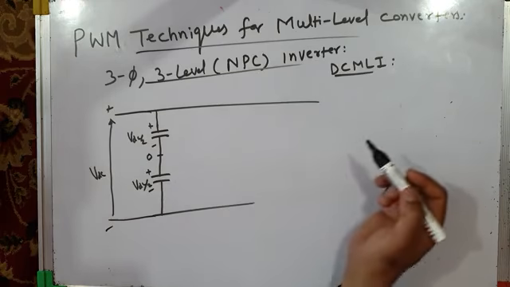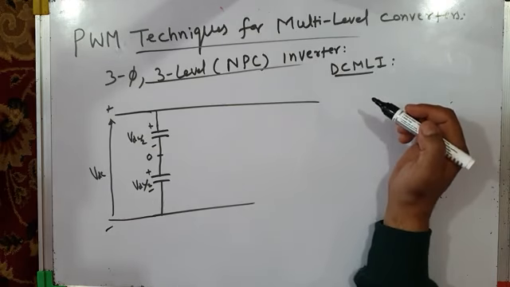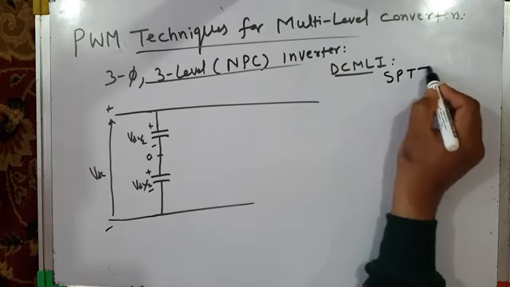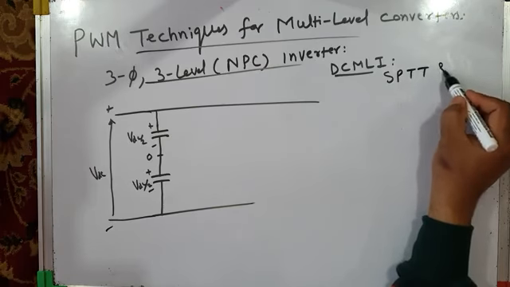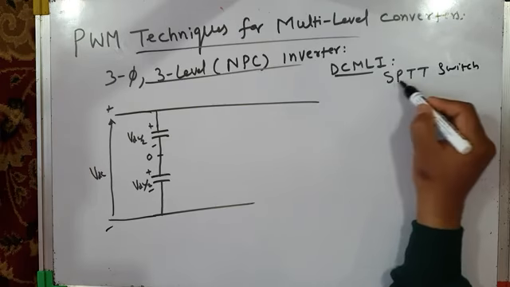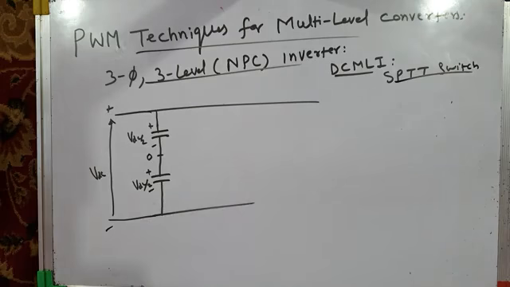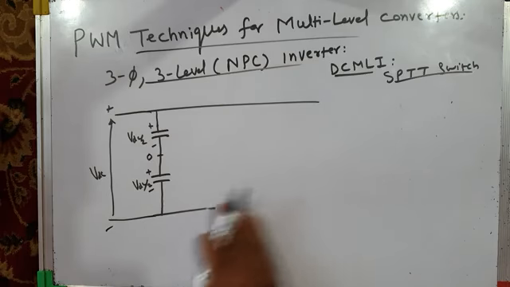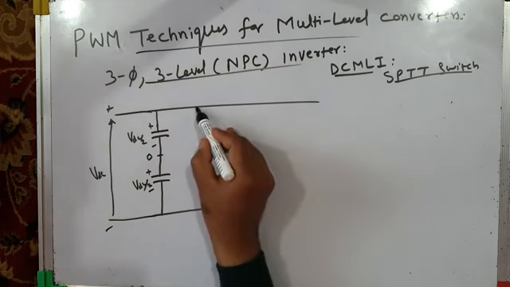As you already know, in simplest form, a three-level inverter can be implemented using a single pole triple throw switch. I hope you still remember that. I would advise you to go through the lecture on multi-level converters in module 1 and revise it, and you will find something like this.